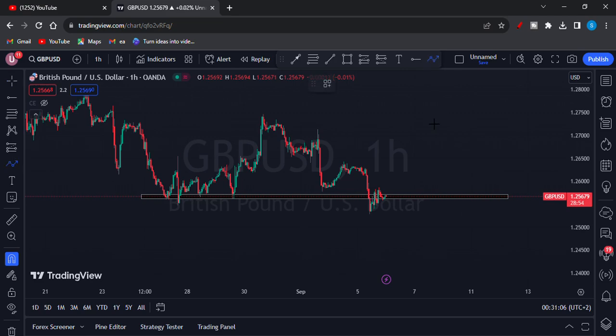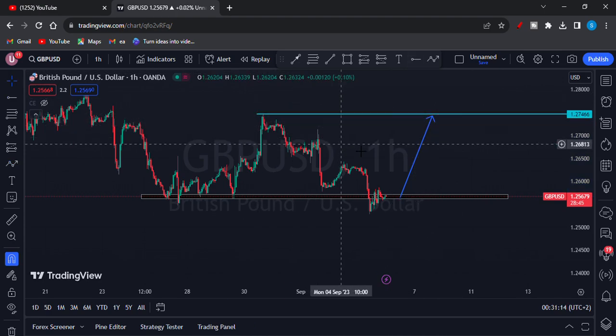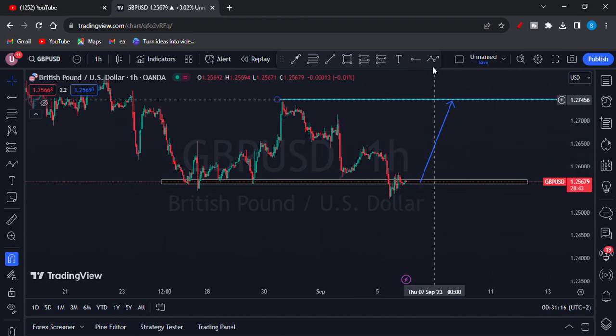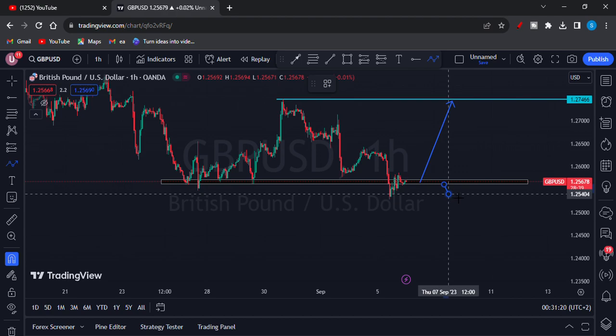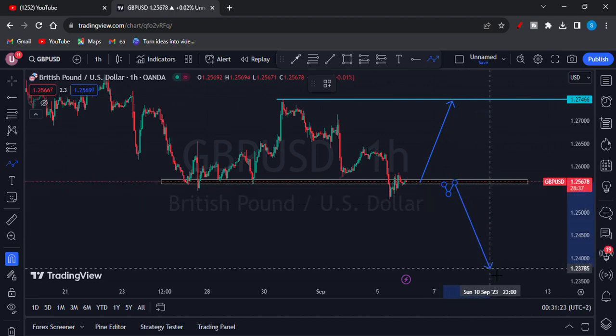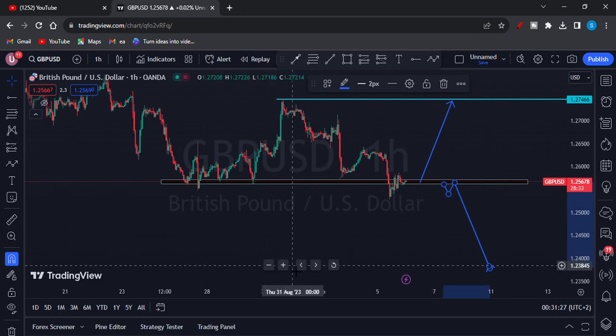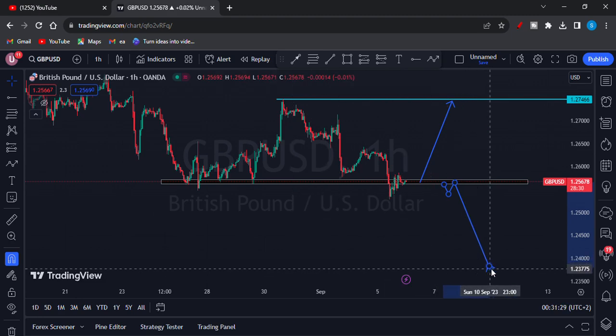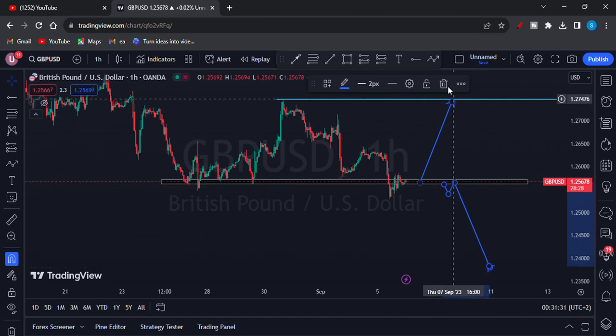Currently we're playing around these areas. So there are chances that the market can push upwards, maybe up to here. But if the USD is stronger than the GBP, then you can see something like this, pushing to the downside. Let me just fix this.